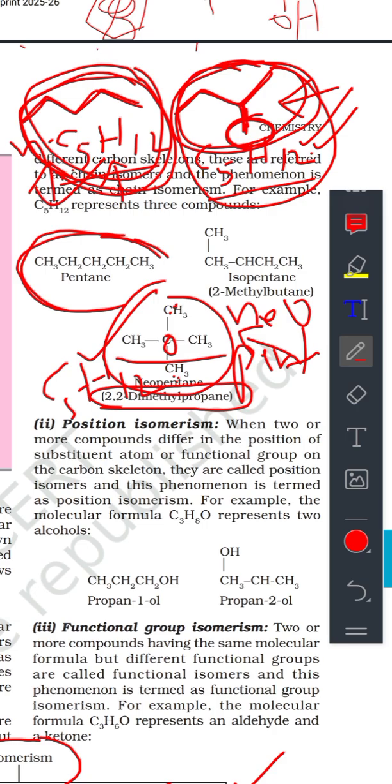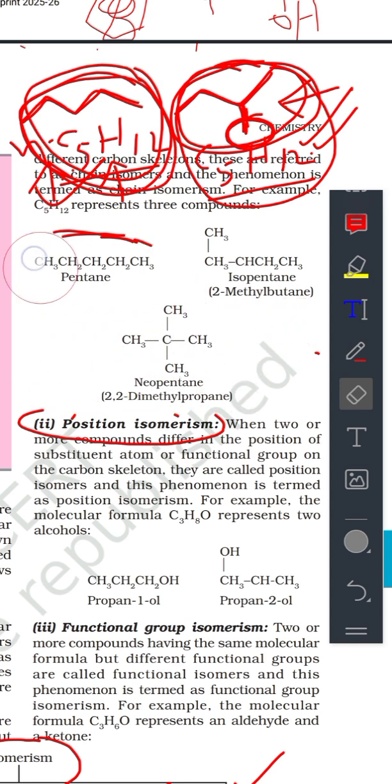Okay, and the next one is position isomerism. In structural isomerism, the next one is position isomerism. Let us see what it gives.